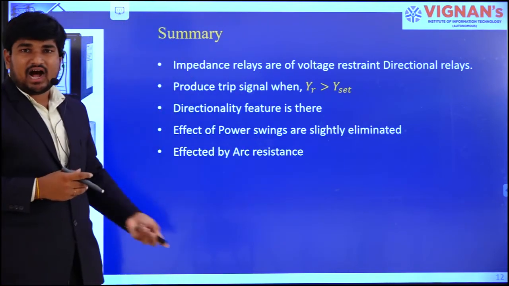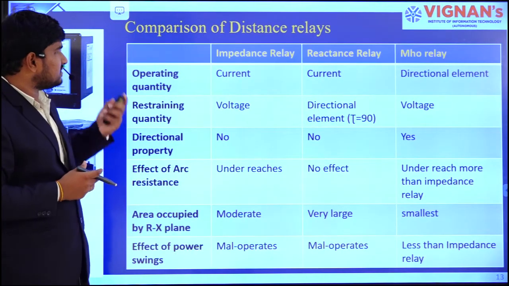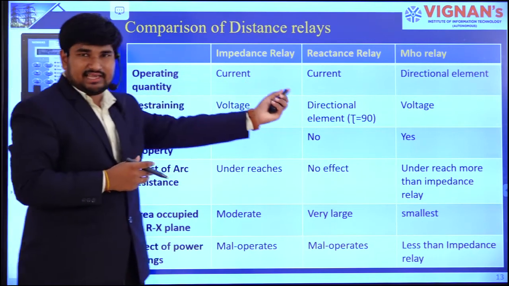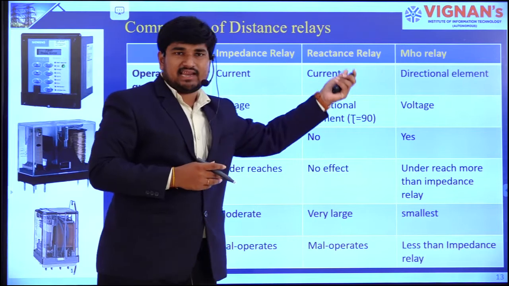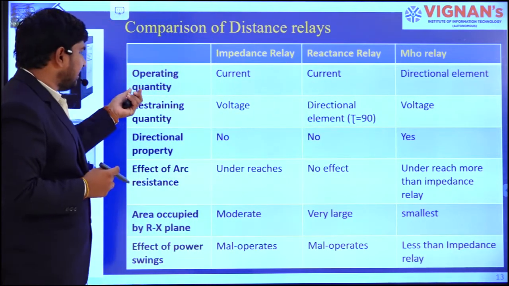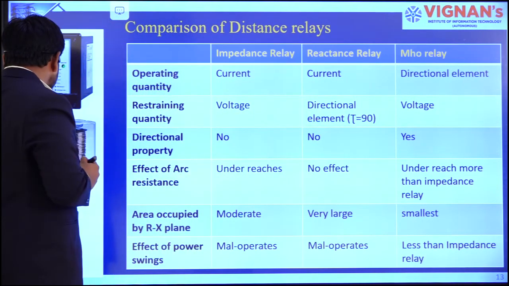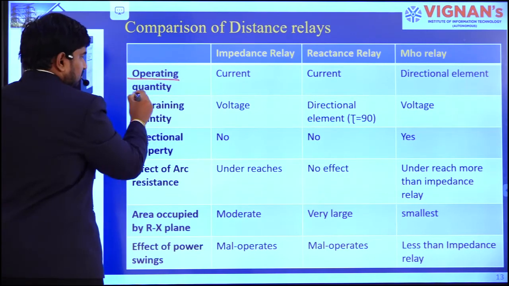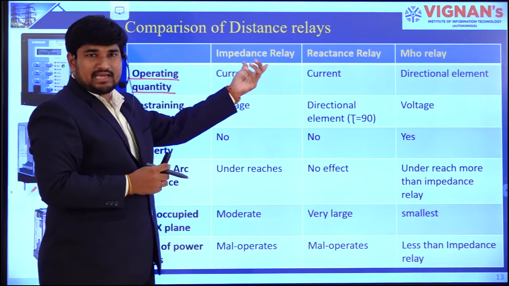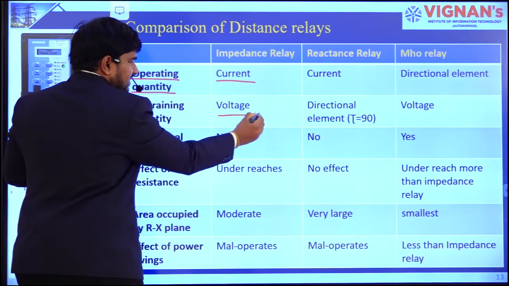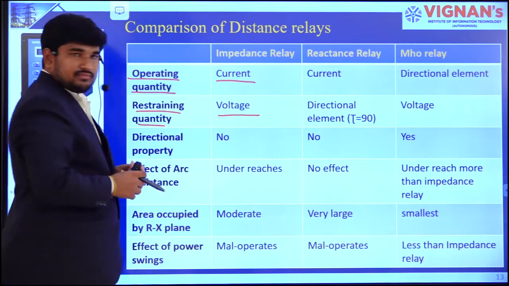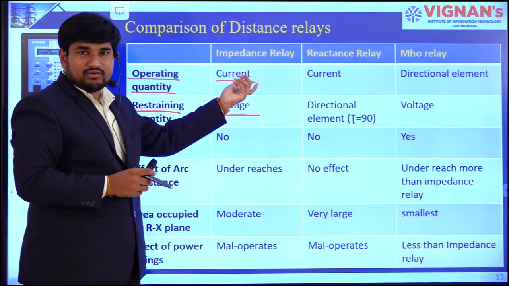Now by considering all three relays, let us summarize the three distance relays: the impedance relay, reactance relay and Moore relay. In terms of operating quantity, in the impedance type relay the operating quantity is current and the restraining quantity is voltage. That means it is a voltage restraint over current relay.